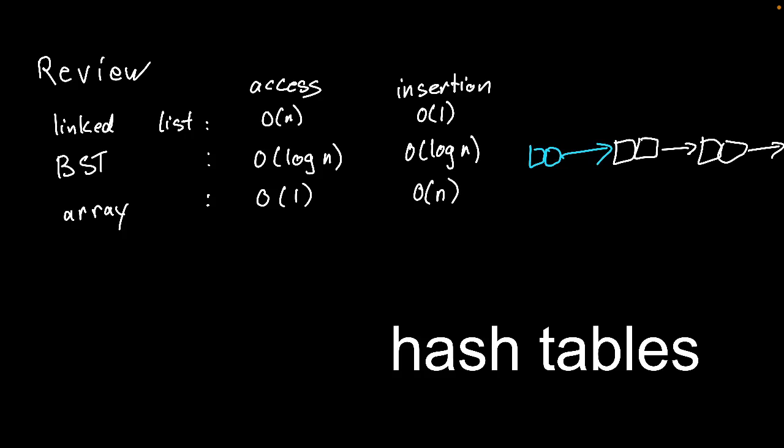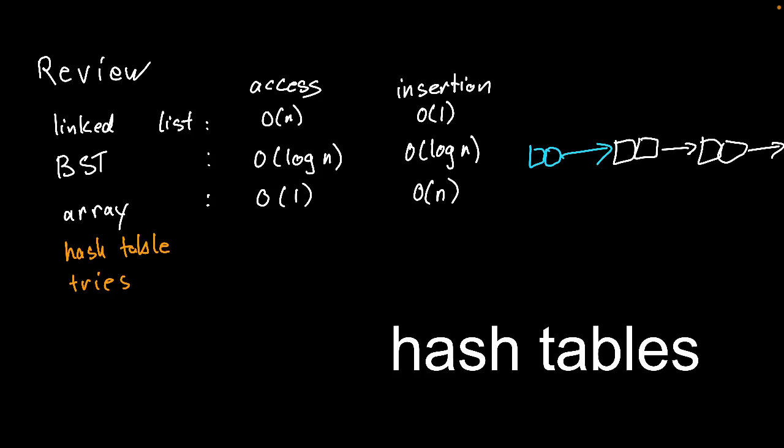So again, these are the ones we've already looked at. We're going to look at a few more today. The ones we're going to look at today, of course, this first slide kind of spoils it. There's going to be a hash table. There's going to be tries. These are going to be an amalgamation of the ones that we've done earlier, just like you saw that a binary search tree was just a more advanced linked list where you had the comparison.